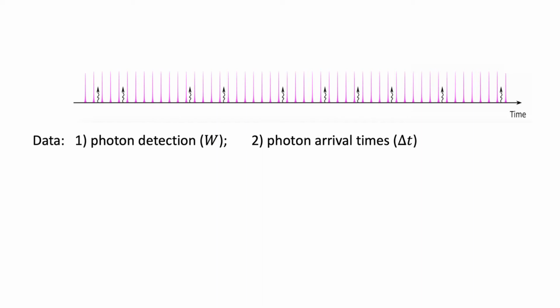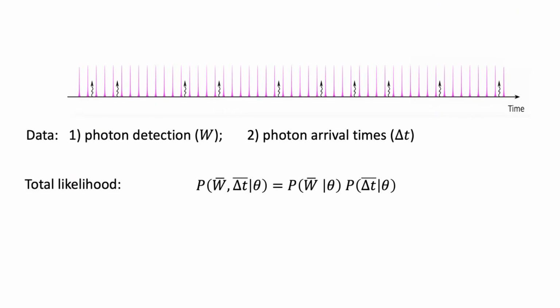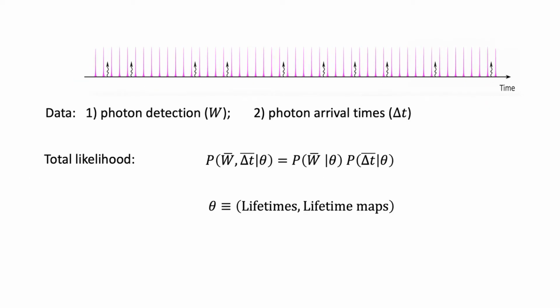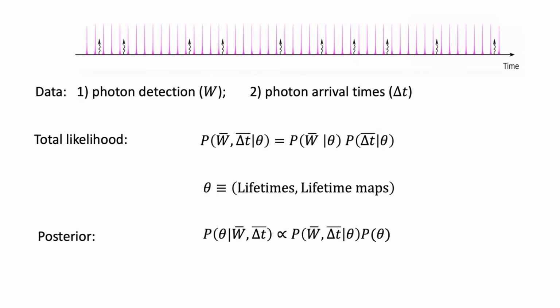Photon arrival times. Data from these pixels can be used to construct the likelihood, which is the probability of the data given the parameters. These parameters include lifetimes and the corresponding lifetime maps. However, within the Bayesian framework, we work with the posterior, which is proportional to the likelihood times priors over the unknown parameters.